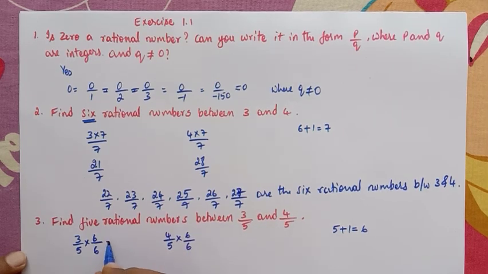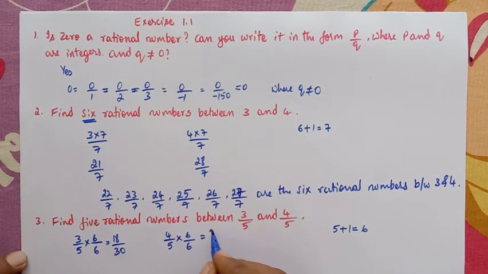What will be the answer here? 6 threes are 18 by 5 sixes are 30. What happens here? 4 sixes are 24 by 30. So 18 by 30 and 24 by 30.